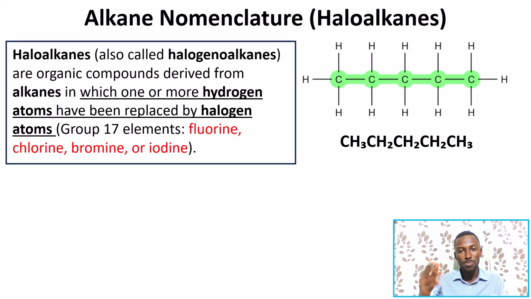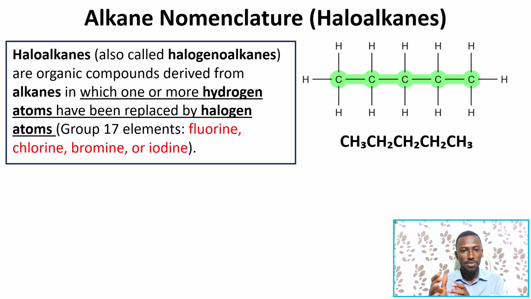The one at the top is known as the displayed formula, which we've already discussed earlier. The one at the bottom is known as the structural formula. It tells us which atom is bonded to a particular atom. Basically, that's the difference. If you want to understand that more, you can look at the entire playlist for module 1.